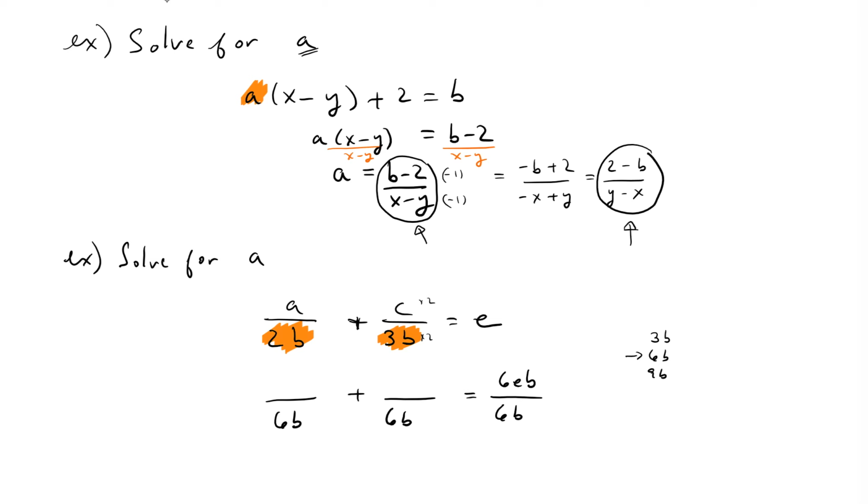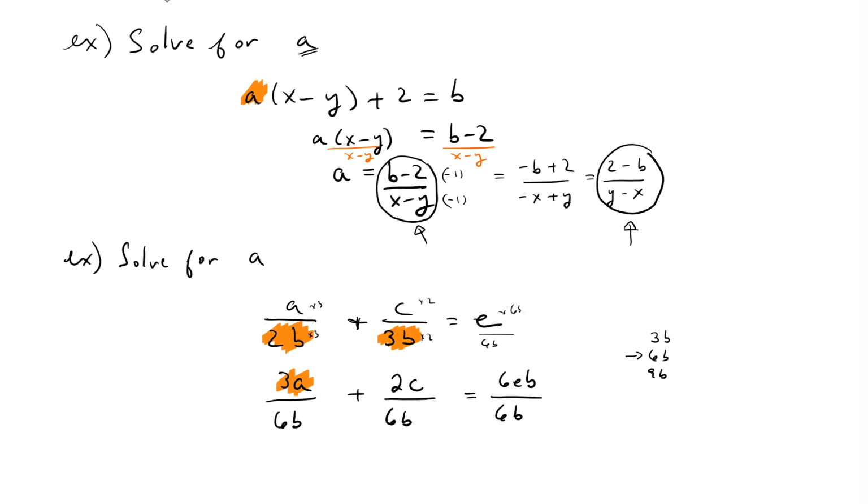By the way, if you're not convinced, to get over 6b, I need to multiply by 6b at the top and at the bottom. That's how I got 6eb. Here I get 2c, and here I multiply by 3 at the top and at the bottom. I get 3a.